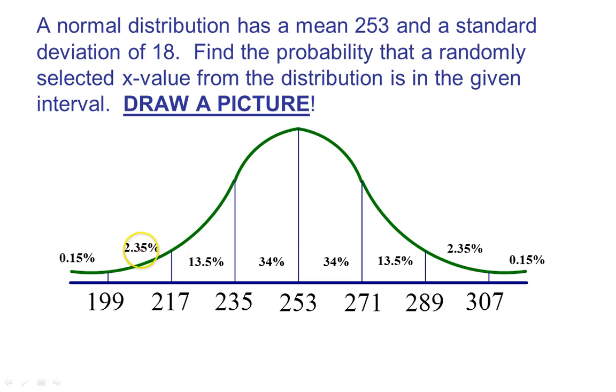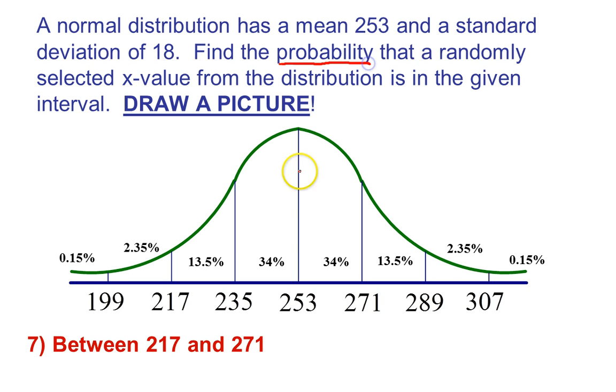Okay, do not forget these numbers that we are supposed to memorize. They will come in very handy. So look at number 7. Now, do not get spooked by this word probability. Wait a minute, we hadn't talked about probability before. We were just talking about percent, and that's it. This is just another way of saying the same thing, okay?